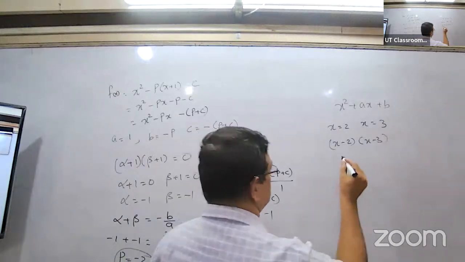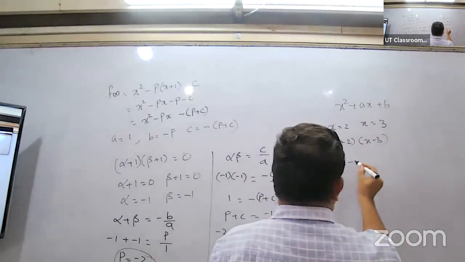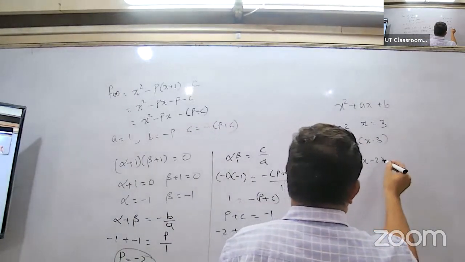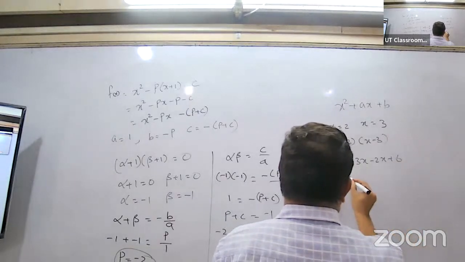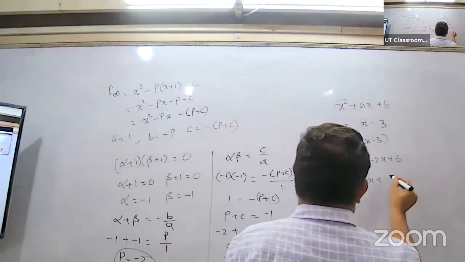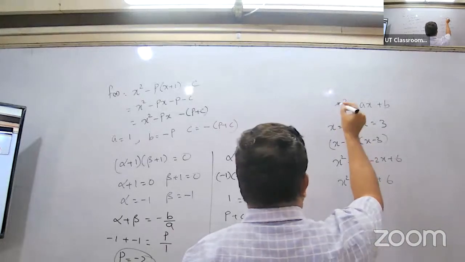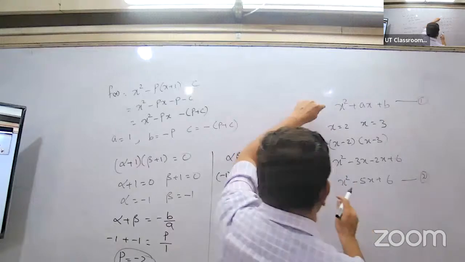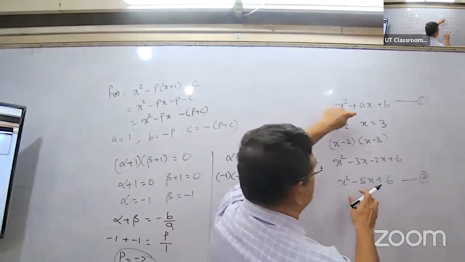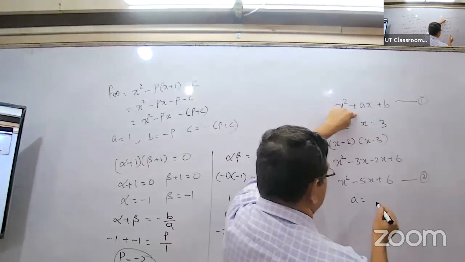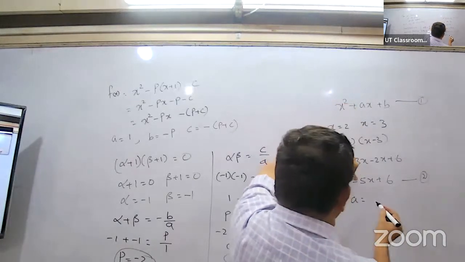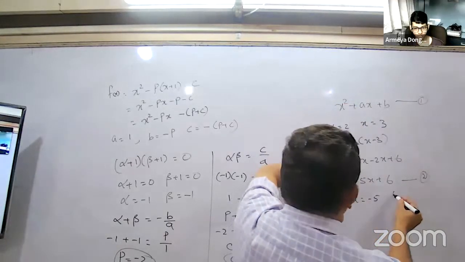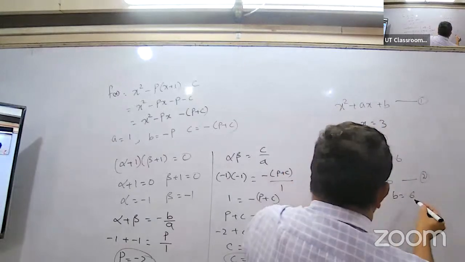So open the bracket: x square minus 3x minus 2x plus 6. That is x square minus 5x plus 6. So compare this and this. Therefore what is the value of A? A is equal to minus 5. B is equal to 6.